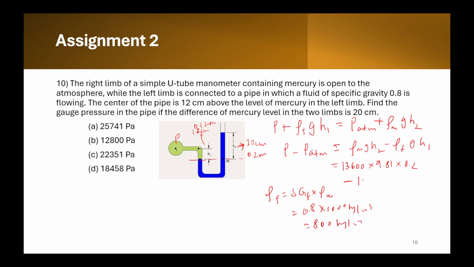So it comes out to be 800 kg per meter cube. Again, this will be 800 into 9.81 into 0.12.